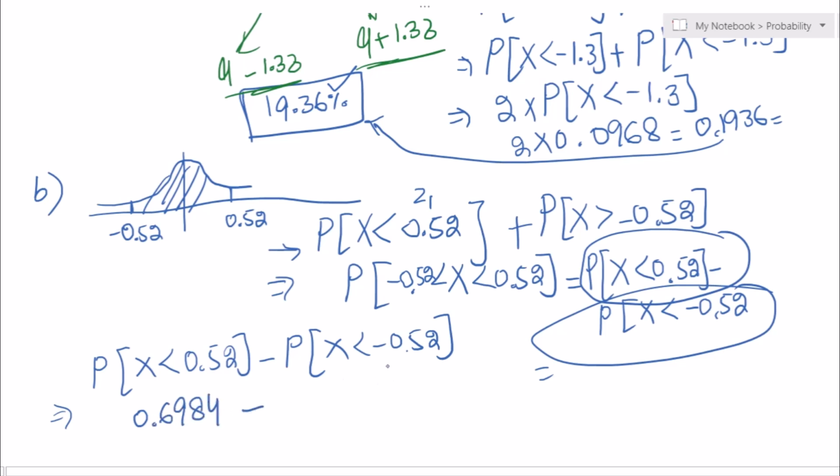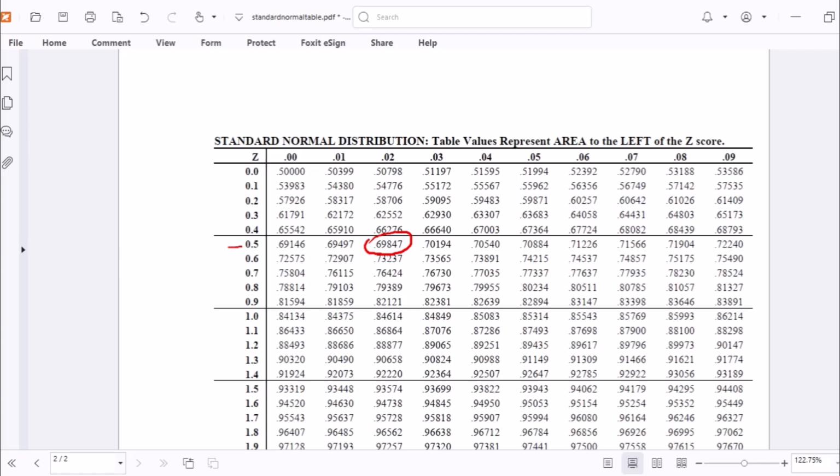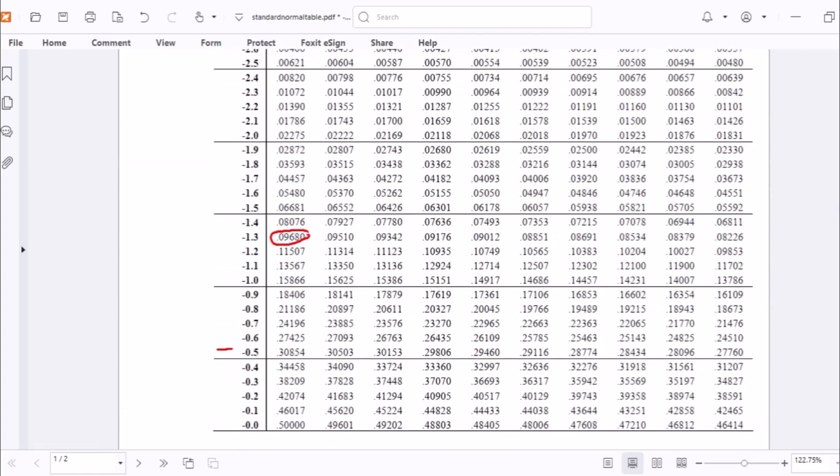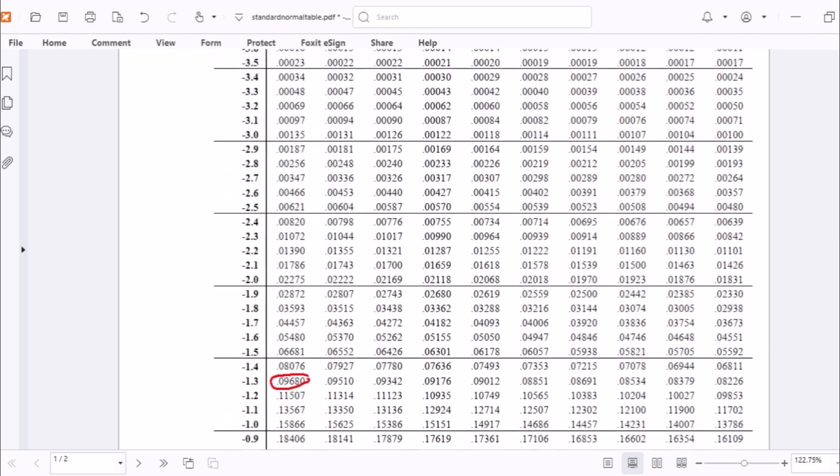And x is less than minus 0.52, so minus 0.5 is here, and this is minus 0.52.